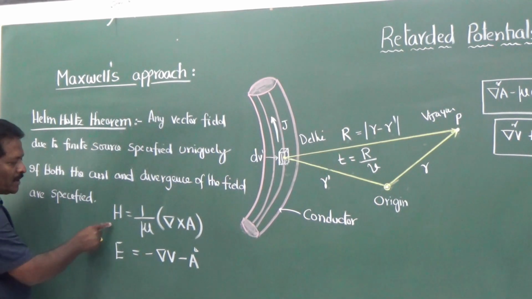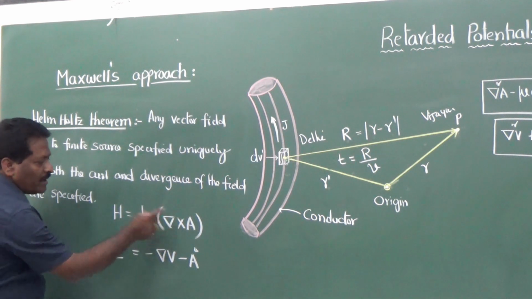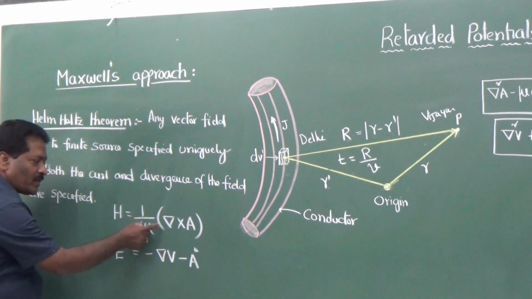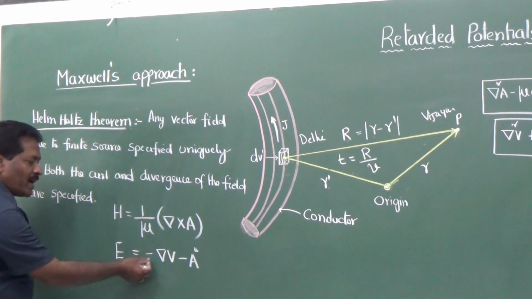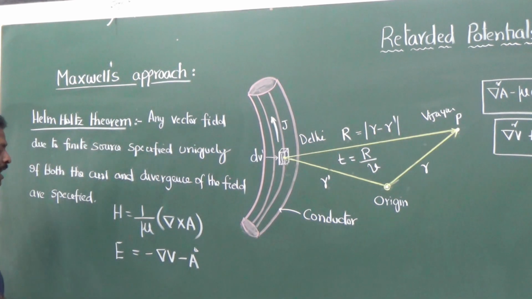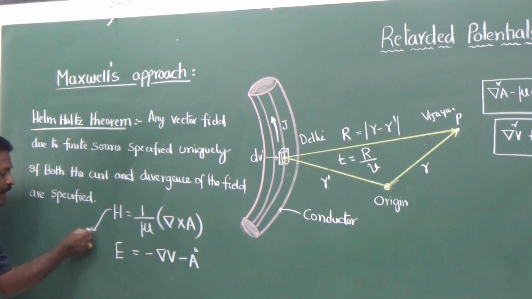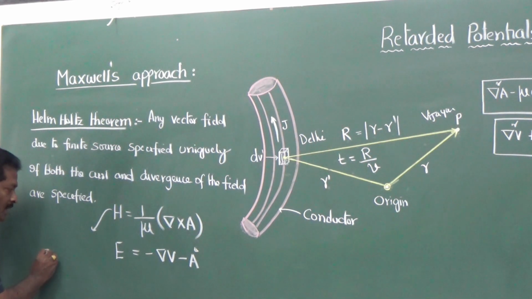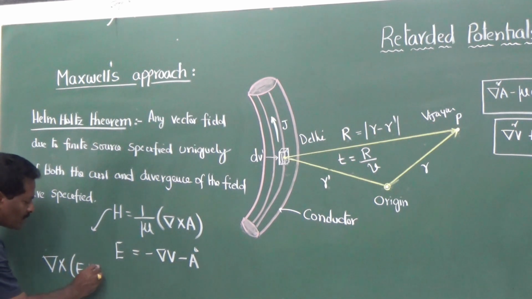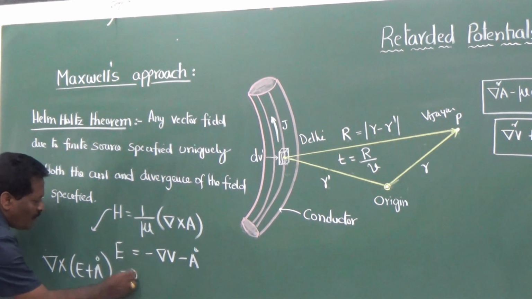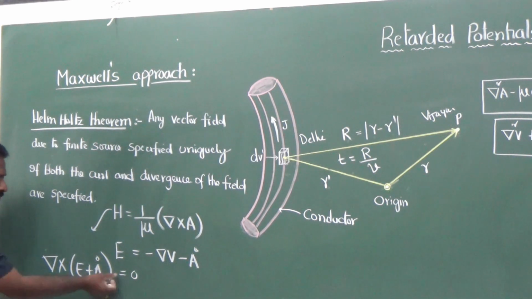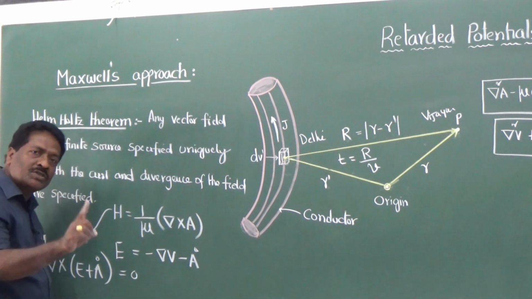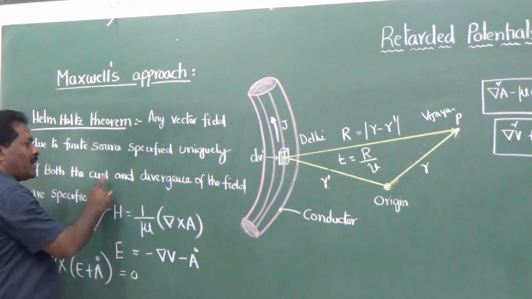Already you know H is equal to 1 by mu of del cross A, and this is the definition of your H field. And E is equal to minus del V minus A dot. Taking this H and electric field, we have already developed one equation: curl of E plus B dot is equal to 0. That means curl of your vector magnetic potential is specified, but its divergence is not specified. They can produce a unique solution only when both curl as well as divergence are specified.